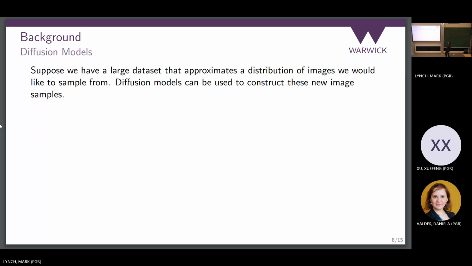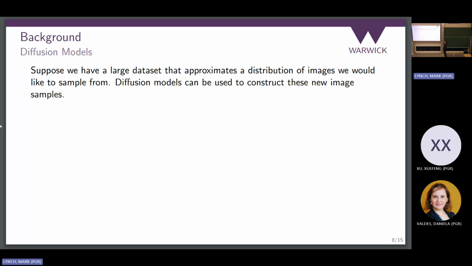So, as I mentioned at the start, we're trying to use diffusion models to do this purification process. Quickly, I will describe how diffusion models work. We start off with some large data set. Throughout this, I'm going to be considering images, so we can imagine a large data set of images.